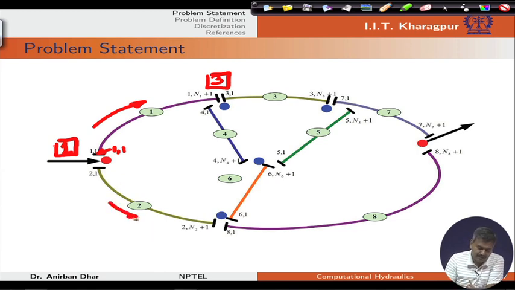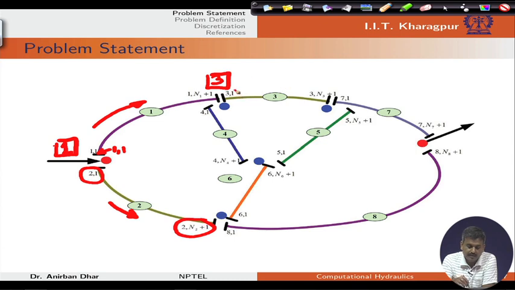In this case, what I am observing from this drawing is 1 and 6. So, connecting nodes are 1 and 6. So, obviously the starting one is 2 1, 2 N2 plus 2.